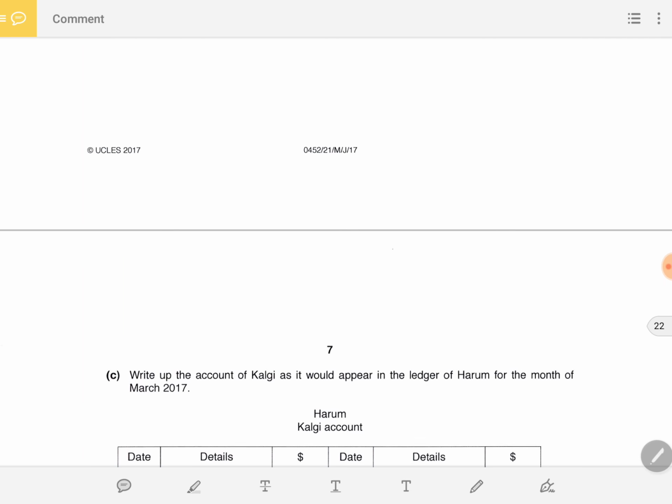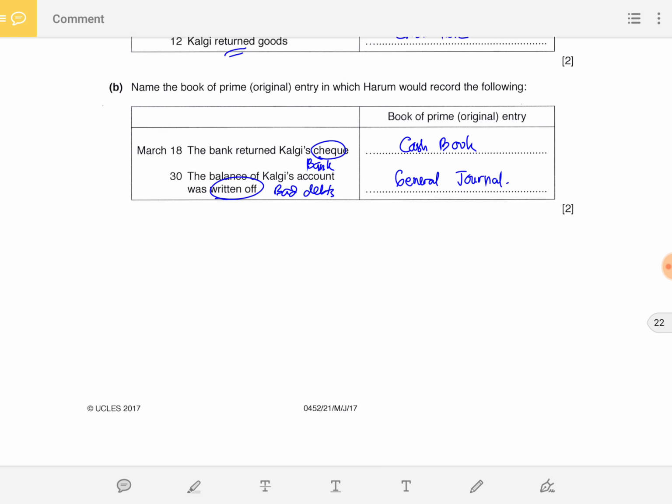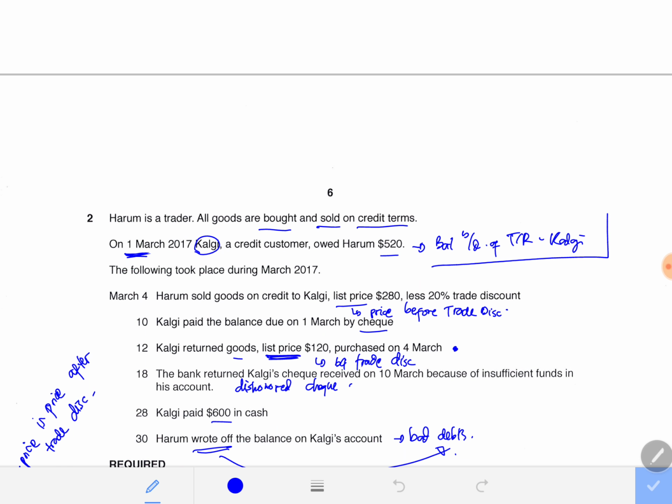Next, Kalgi's account. If you remember, at the very beginning the question gave you balance b/d of Kalgi, 520. So don't forget to put this in before you follow with the transactions from March 1st to 30th.